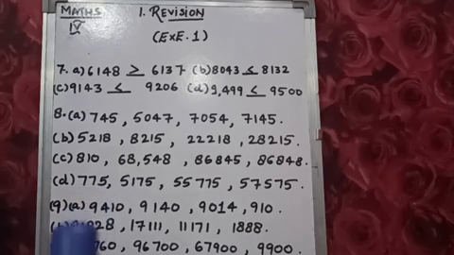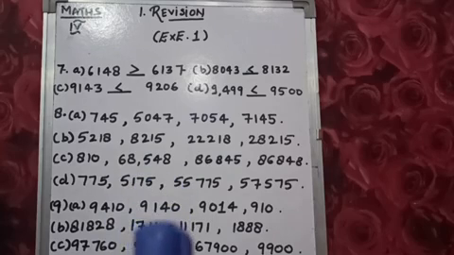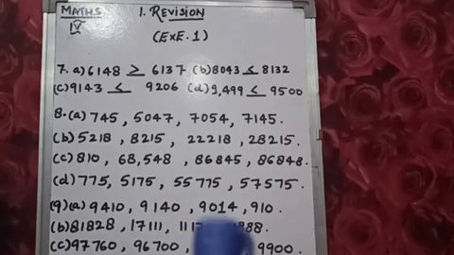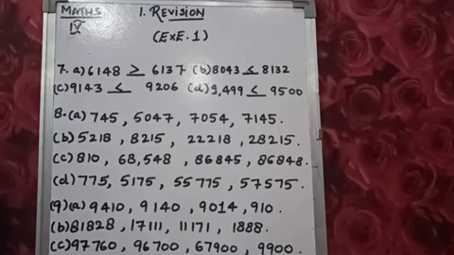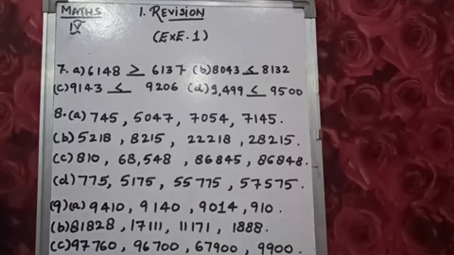The biggest number is 9,410. And now the next number will be 9,140. Then the third number will be 9,014, and the smallest number of the series is 910.